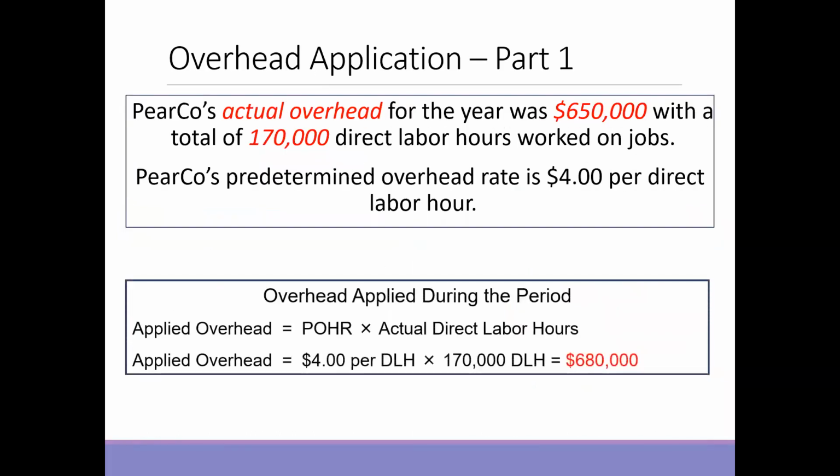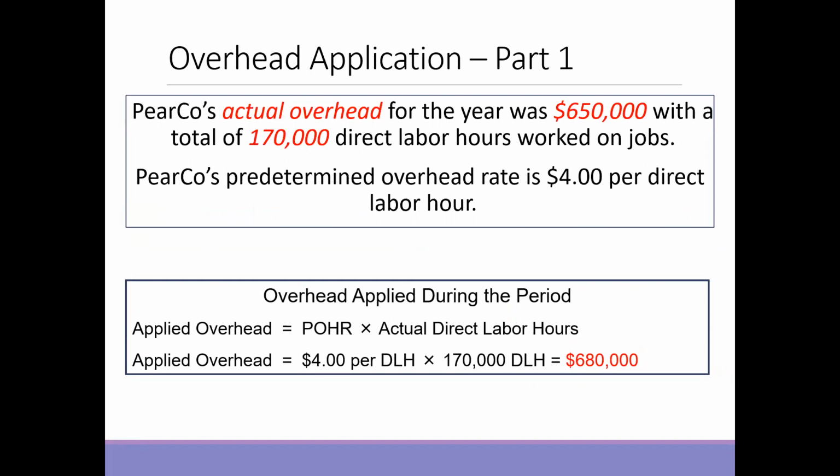Pear Company's actual overhead for the year was $650,000, with a total of 170,000 direct labor hours worked on jobs. Pear's predetermined overhead rate is $4 per direct labor hour.